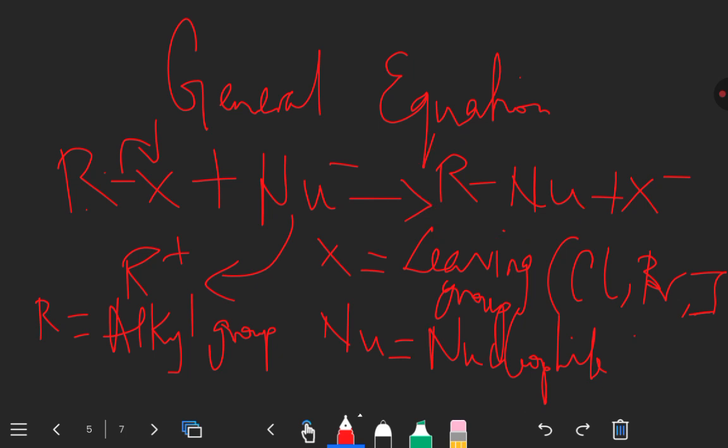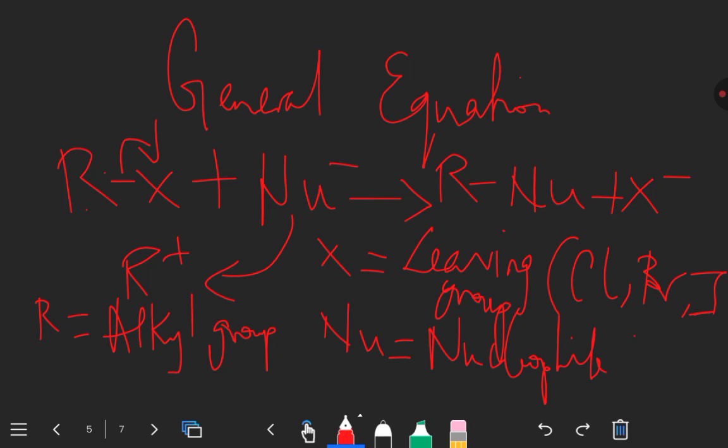Once you understand this general equation, trust me, it will be very easy for you to solve exam questions which ask about nucleophilic substitution, either SN1 or SN2, because you have this prerequisite information and an image of what a general equation should be.